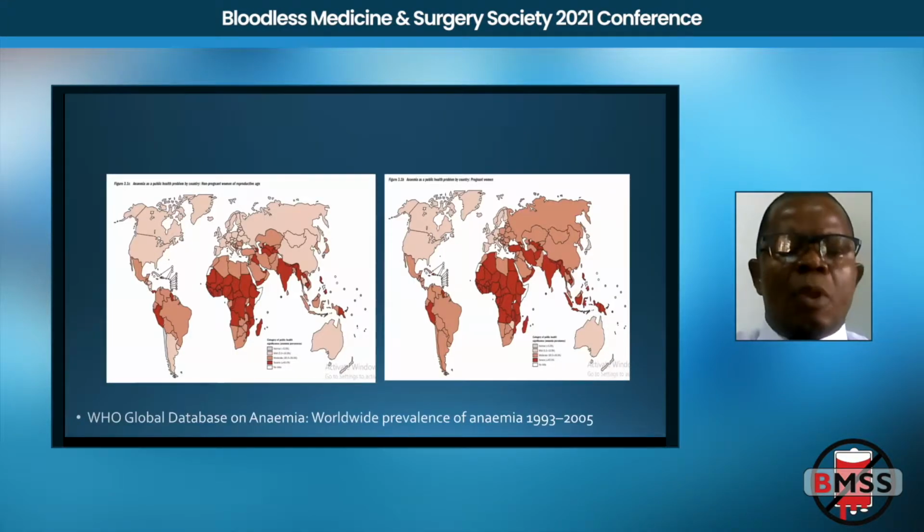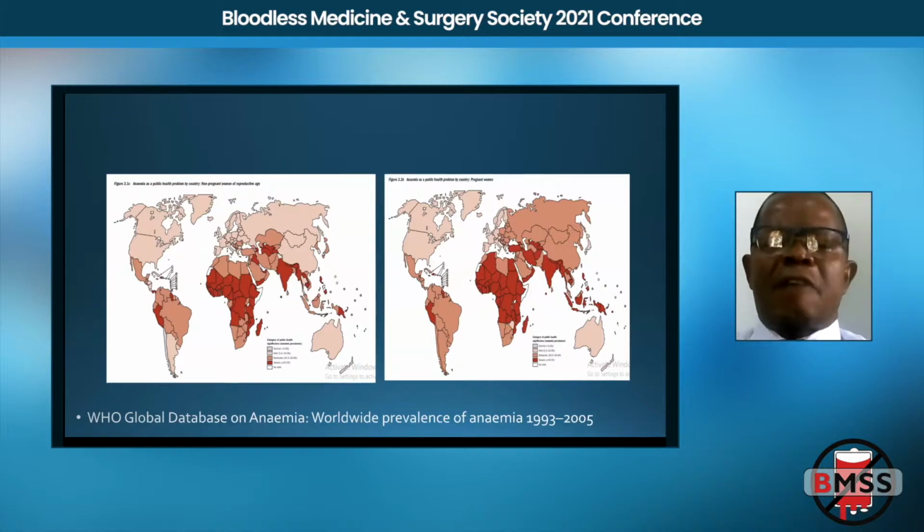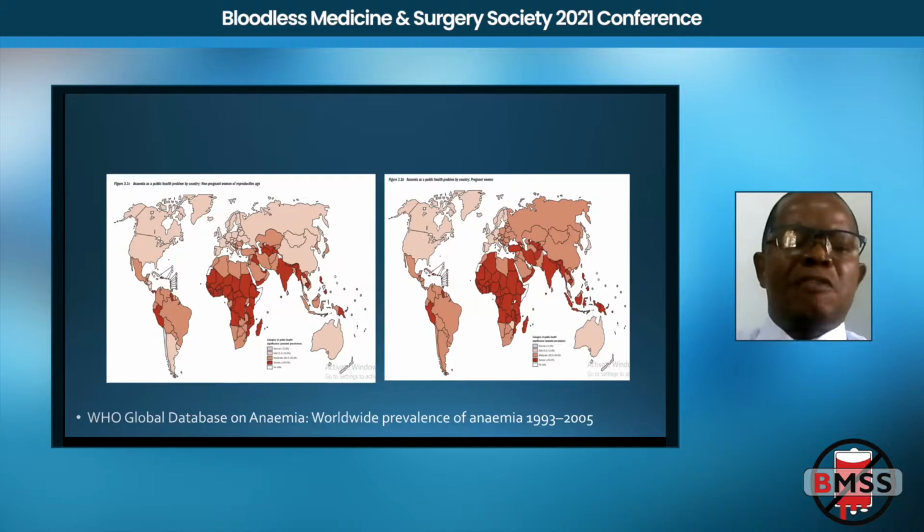So, from that same source, we have pregnant women who are anemic. But should they be? The answer is no. In this micrograph, you look at the right. The right is for pregnant women compared to the left, non-pregnant women.